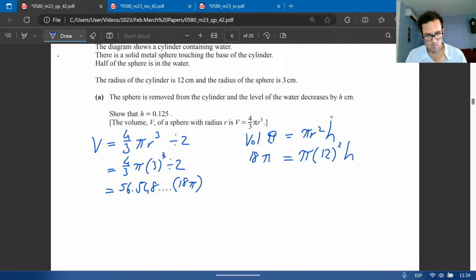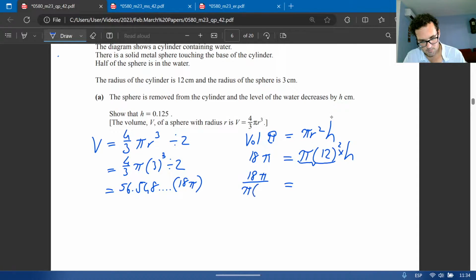And this is what we want to work out, the height of that little cylinder. So, if we want to work out the height, all of this is being multiplied with the height. So if I just divide both sides, we should get a good answer.